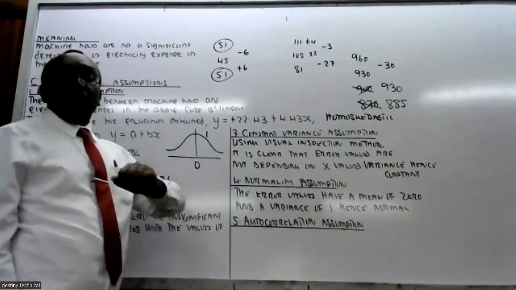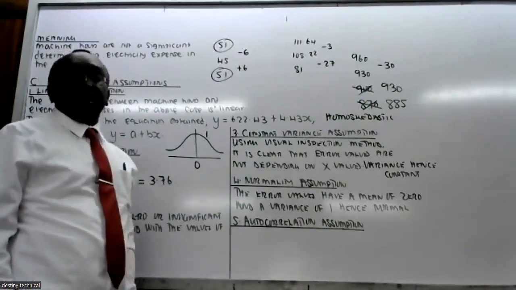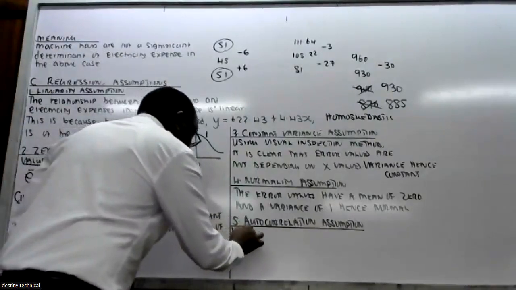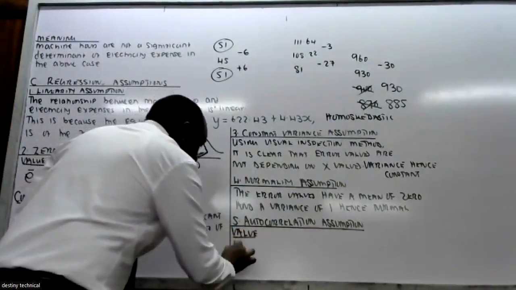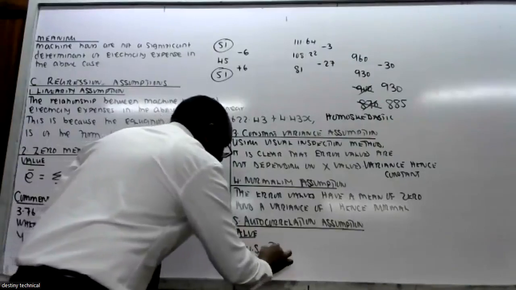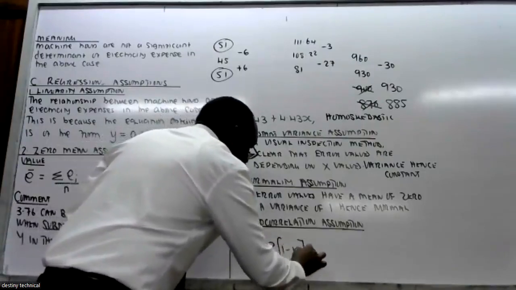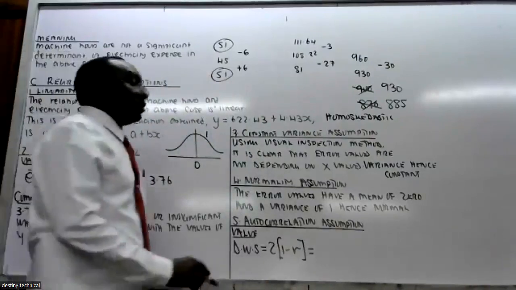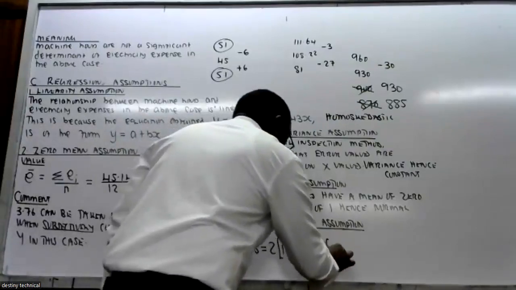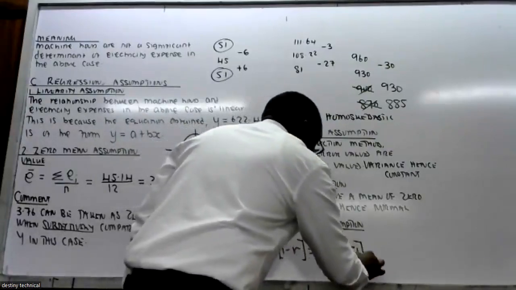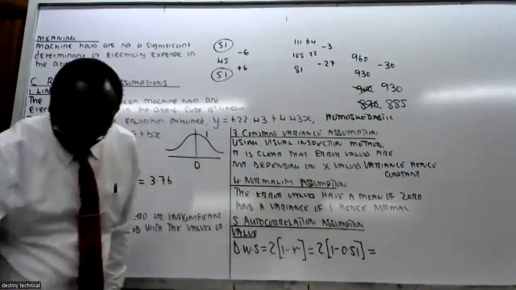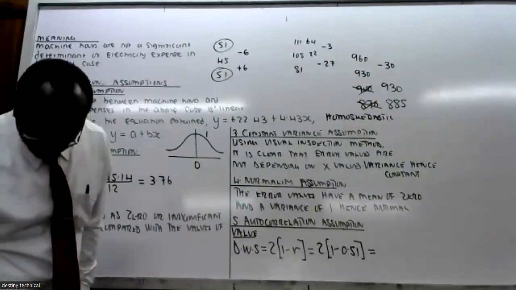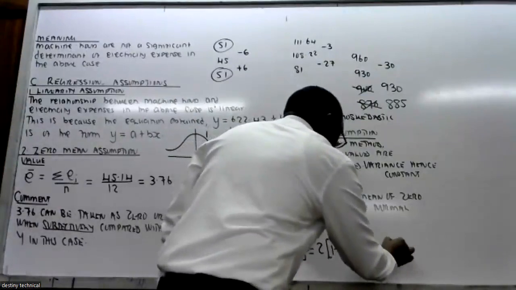But we also have a measure we call the Durbin-Watson statistic. So we are going to have a value here. The Durbin-Watson statistic is computed as 2 brackets 1 minus r. So this one will be 2 brackets 1 minus 0.51, and I'm getting 0.98.